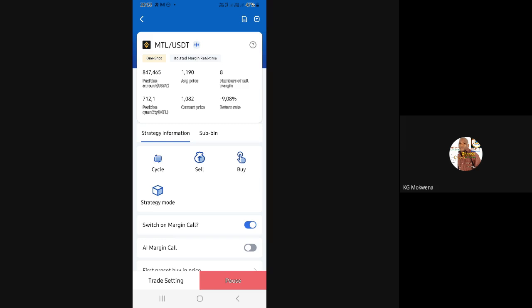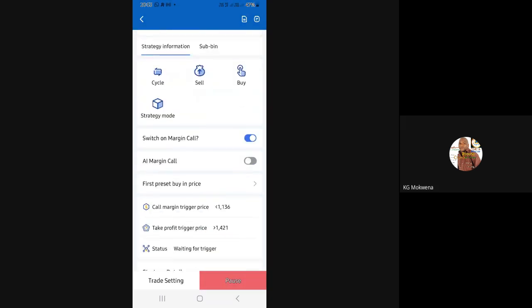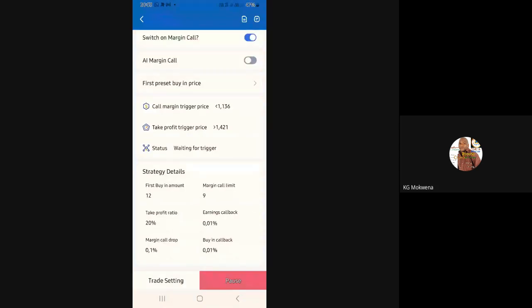So at the moment, business partners, we're waiting for the robot to place call number 9. We're waiting for the robot to place that, and then a margin call drop that we have, it is at the bottom there. Once that happens, the robot is going to place call number 9. And may you please scroll downwards so that we see a trigger price or a trigger status and so forth.